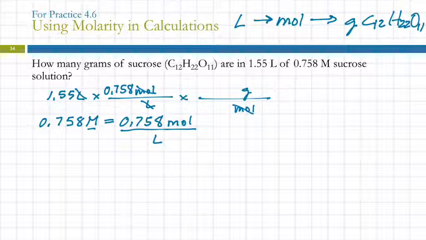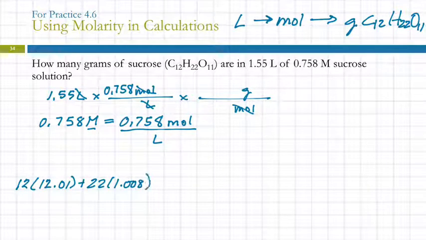And then I need the molar mass. So 12 carbons, 22 hydrogens, and 11 oxygens. 342.296.